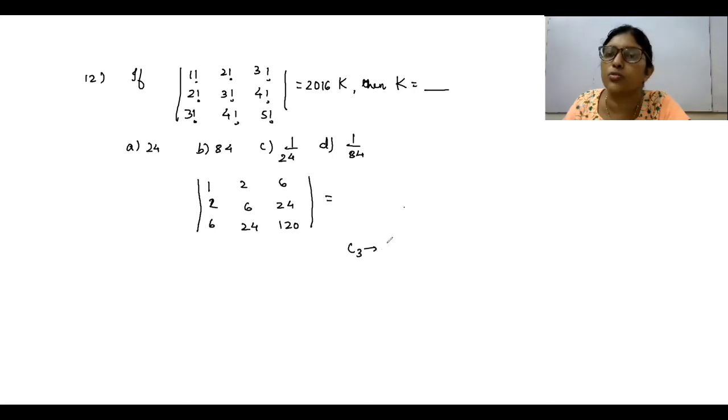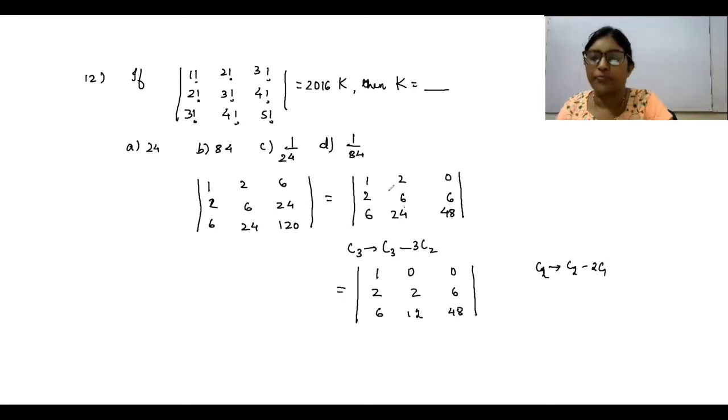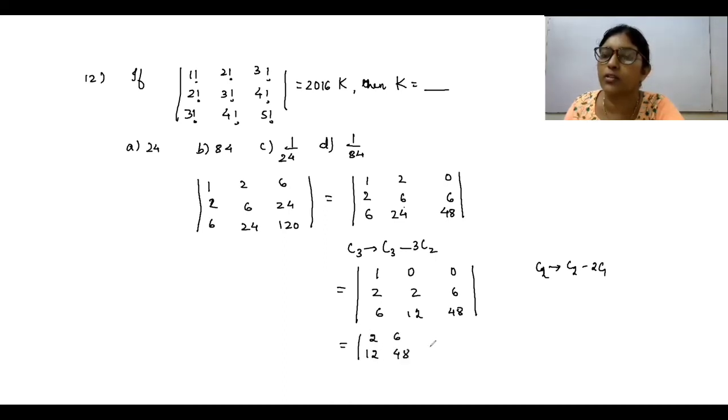C3 changes to C3 minus 3C2. So after applying these two operations, the determinant reduces like this, and we have 2, 6, 12, 48 as a value. But I would like to reduce it more, so we'll be multiplying the first column with minus 3 and subtracting here. So this becomes 0, and this will become 48 minus 36, 12.